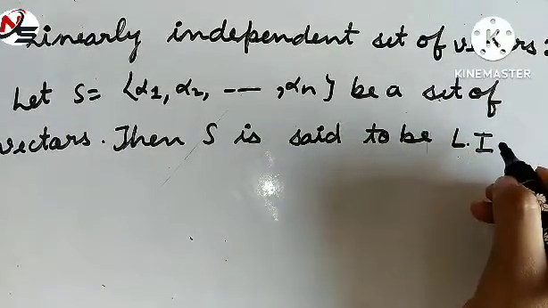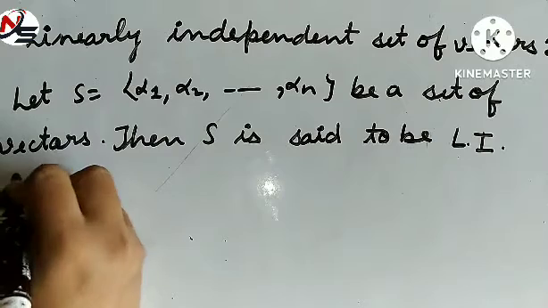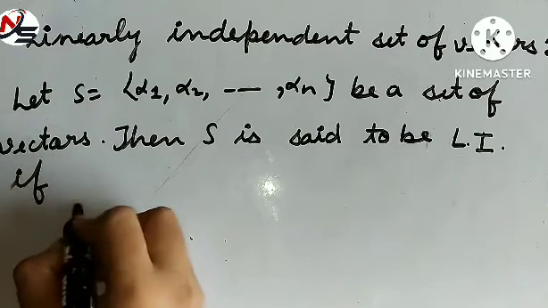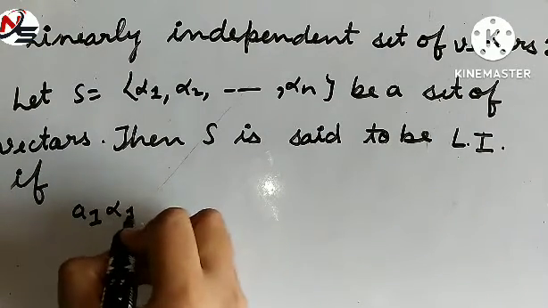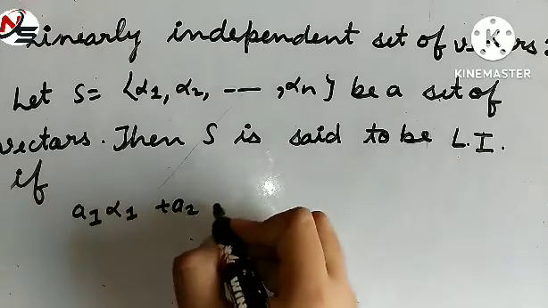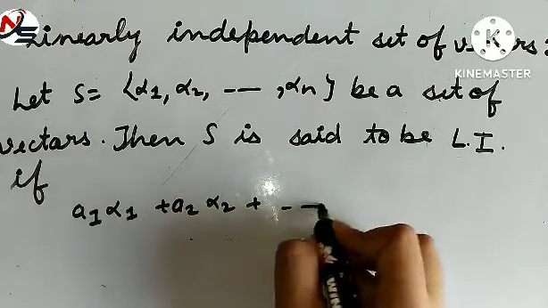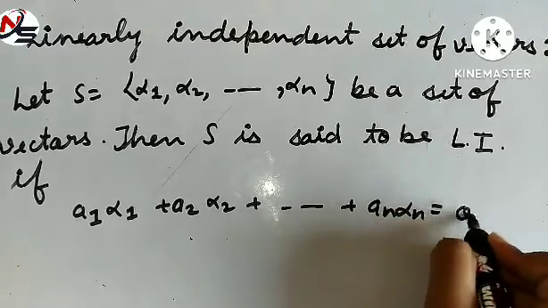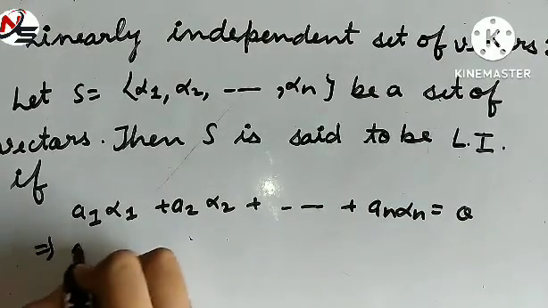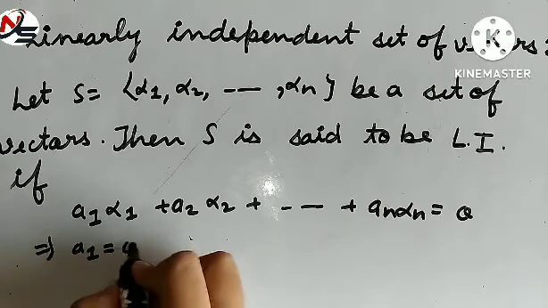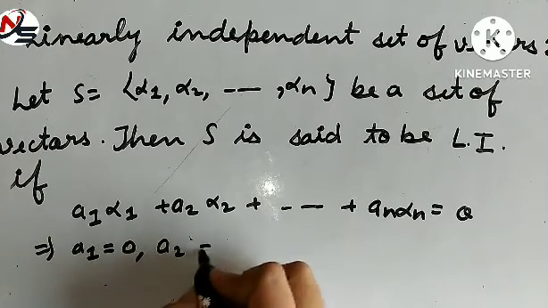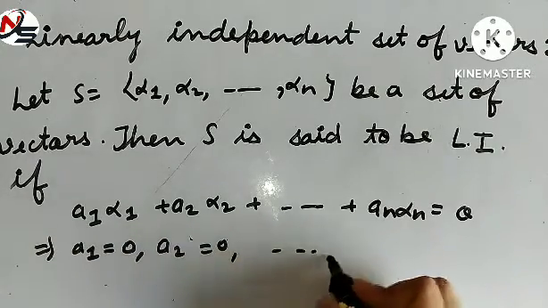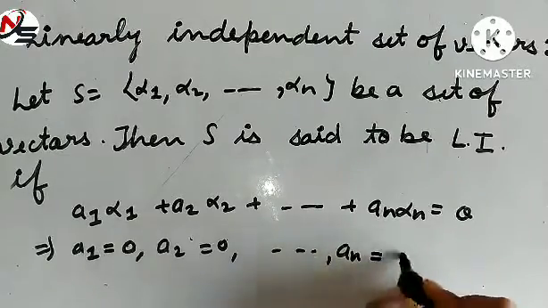LI means linearly independent if a1 α1 plus a2 α2 plus so on plus an αn equal to θ implies that a1 equal to 0, a2 equal to 0, so on an equal to 0.